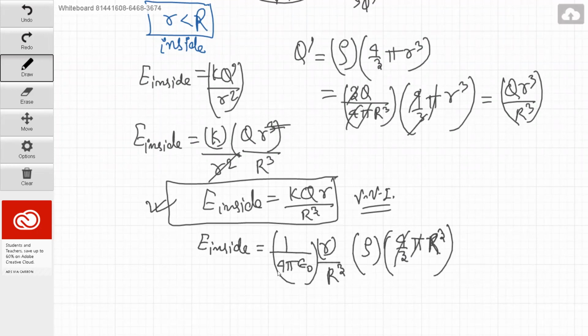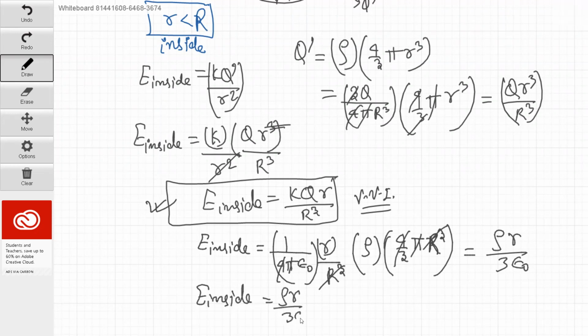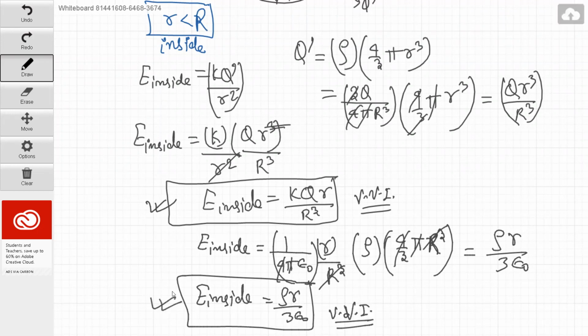So this 4 pi cancels out, and this r cube and R cube will cancel out. So it will become equal to rho r by 3 epsilon naught. Is this okay? So another formula of electric field inside is rho r by 3 epsilon naught, isn't it? This is also a very, very important formula of electric field inside the solid sphere in terms of rho. This is in terms of charge and this is in terms of rho.